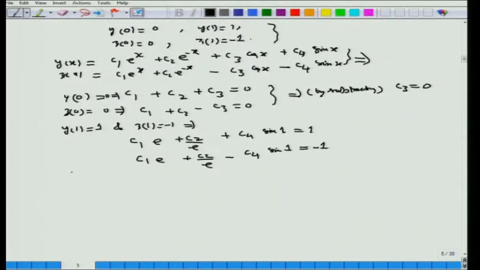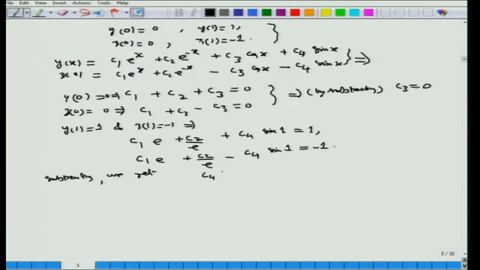So, subtracting, we get twice c4 sin 1 equal to 2.